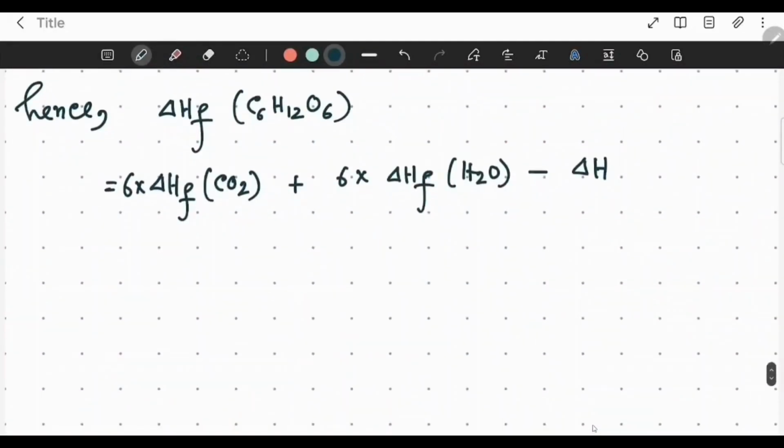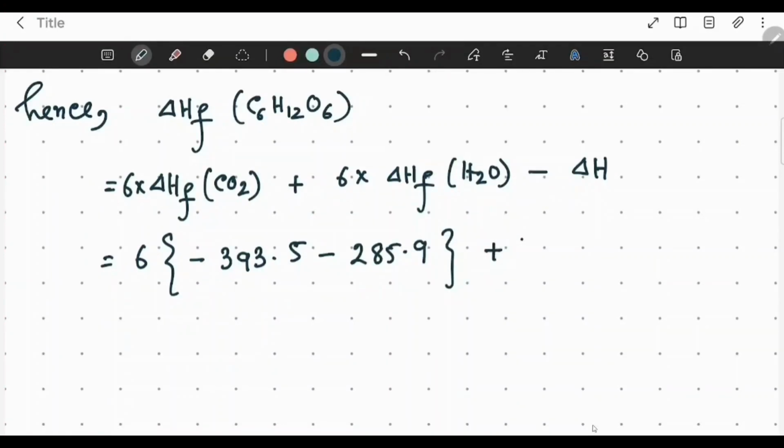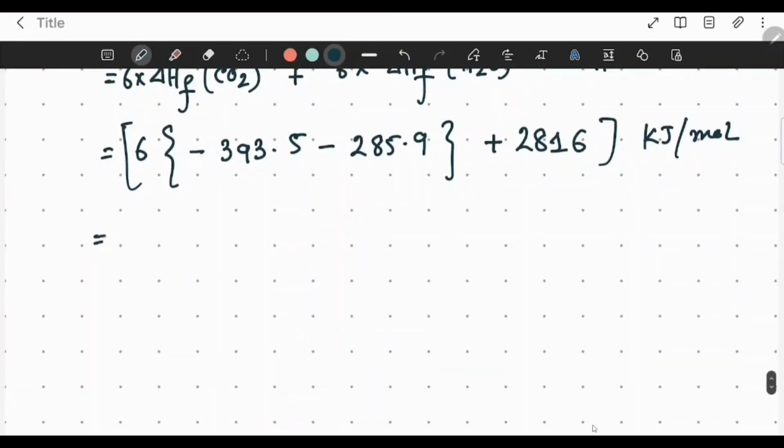So just we have to calculate now. This is 6 into, let me add, it is minus 393.5 minus 285.9, and this will be plus 2816 in all total, in kilojoule per mole.